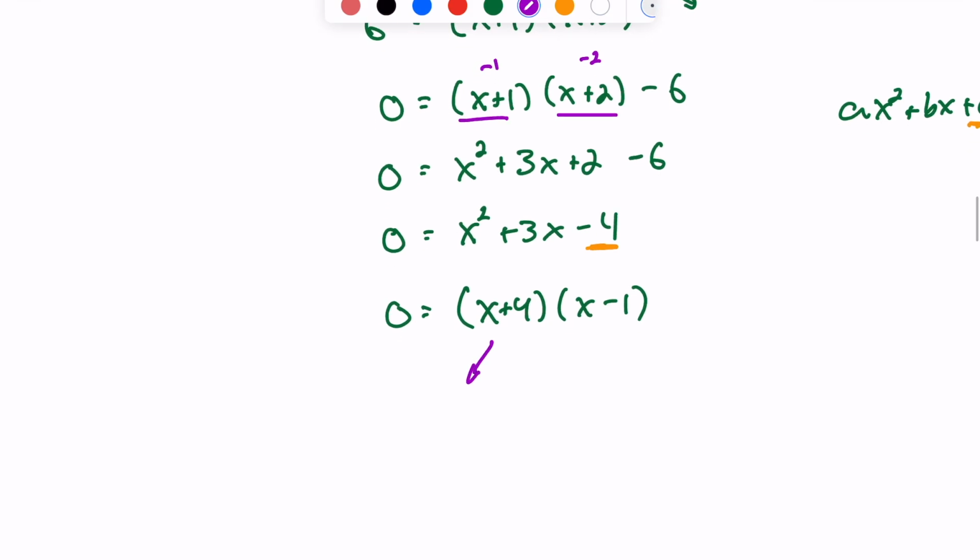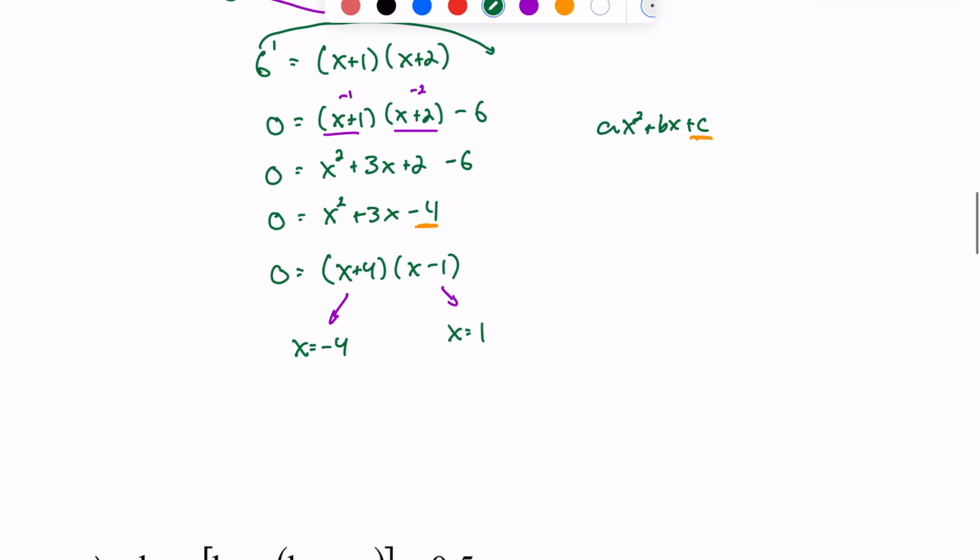The true solutions to our problem are x being either minus 4 or x being 1. So these are the solutions to the problem.